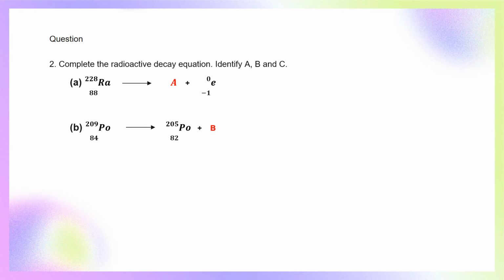For B, Po-209-84 will undergo the decay process and will produce Po-205-82 plus B. And for C, C will undergo the decay process and will produce a proton plus a beta particle. So the question needs you to complete the radioactive decay equation and identify what A, B, and C are. For this question, I will leave it for you to complete at home.